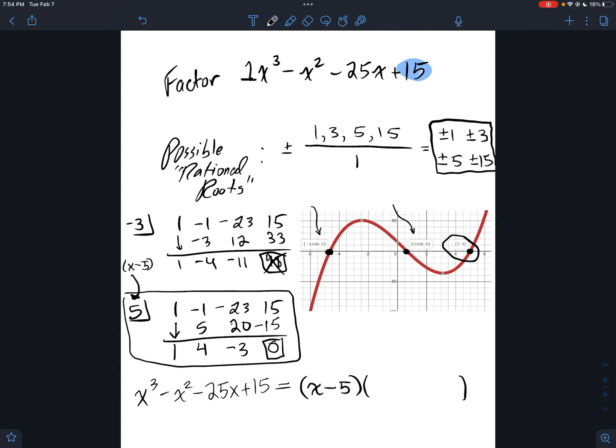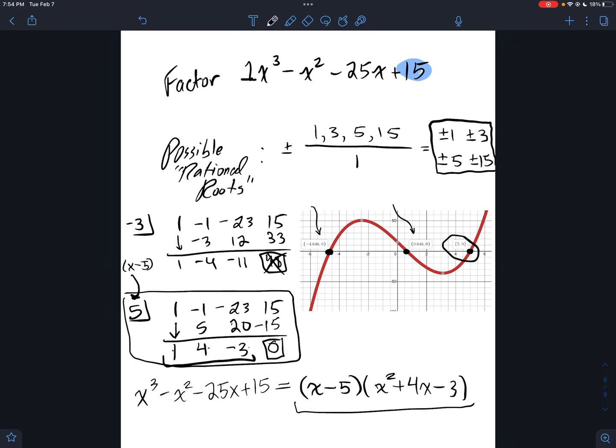It'll help make all this make more sense. And then we also have this. So we divided by x minus 5, long divided, and then we got our answer. These are the numbers, the coefficients of your answer. So it'd be 1x squared plus 4x minus 3.